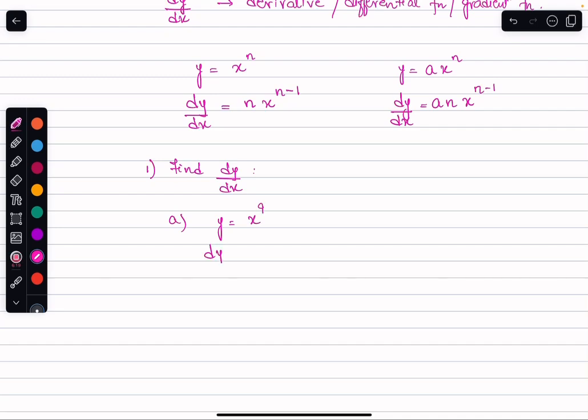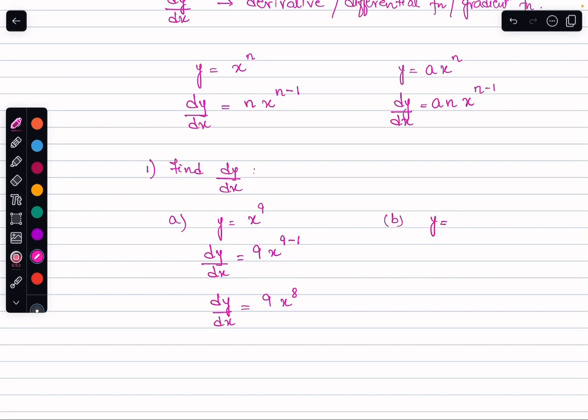To get my derivative dy by dx, the coefficient of x in this case is 1. So 9 times 1 gives me 9, and then x to the power 9 gets reduced by 1. My derivative function is going to be 9x to the power 8.